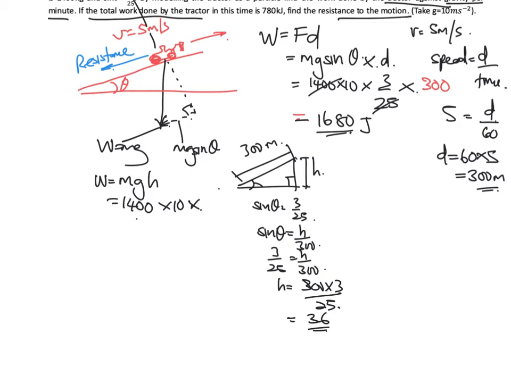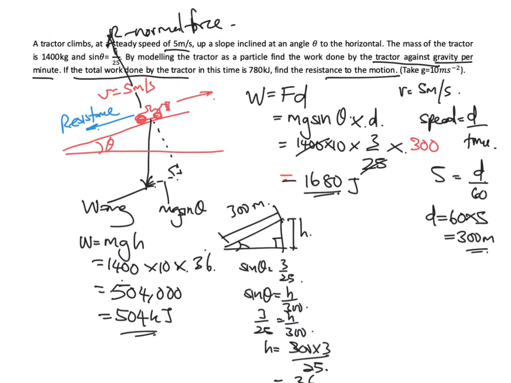Therefore it's 1400 times 10 times 36, and from there we get 504,000 or 504 kilojoules. So the answer, the work done by the tractor against gravity per minute, is 504 kJ.